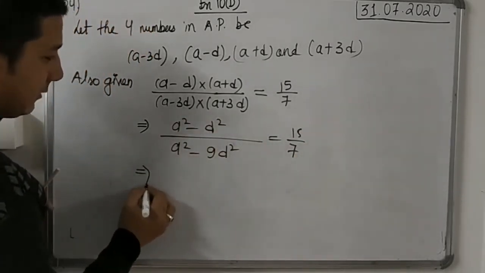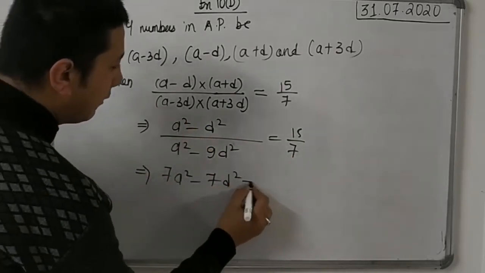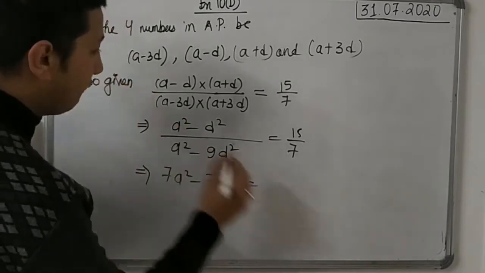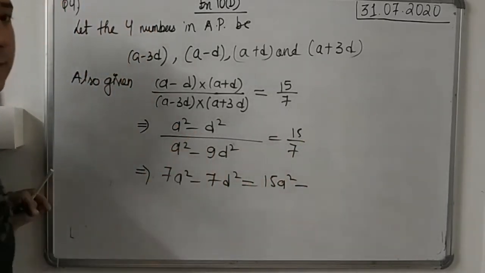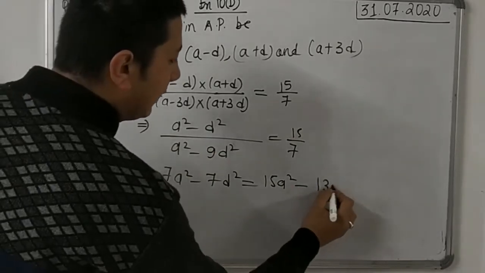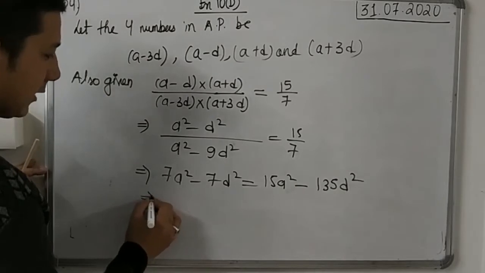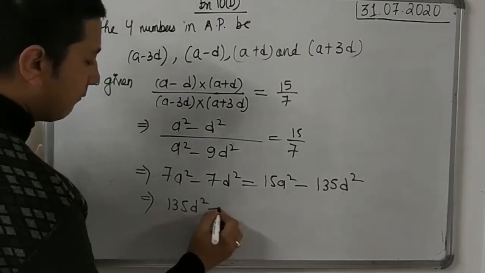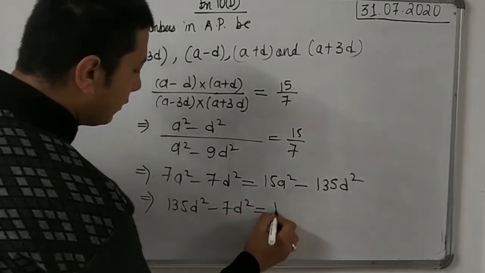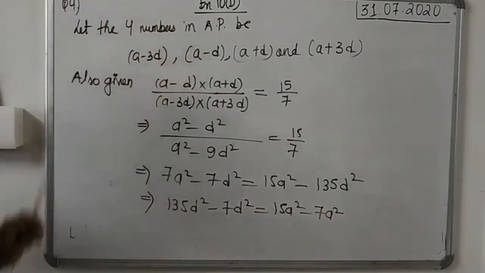Cross multiply: 7A square minus 7D square equals 15A square minus 15 into 9D square, that is 135D square. Keep D square together, so 135D square minus 7D square equals 15A square minus 7A square.